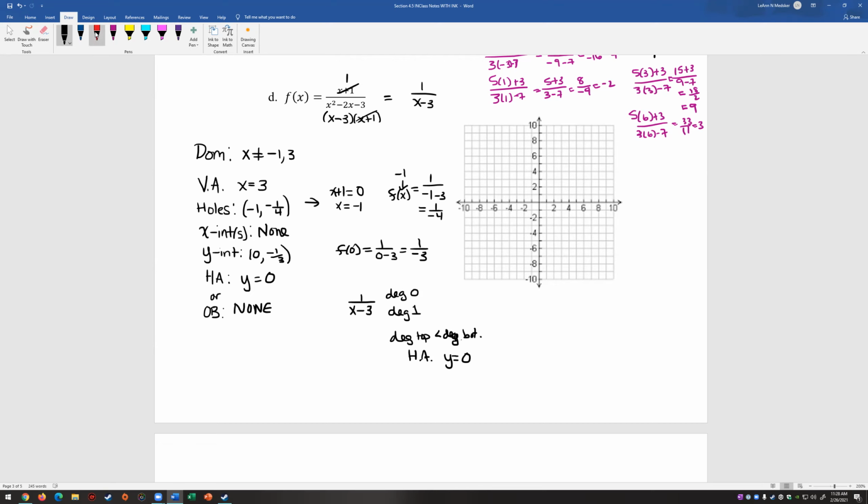So let's put down what we know. We're going to do our vertical asymptote and our horizontal asymptote. So the vertical asymptote is at +3, and then our horizontal asymptote is at 0.